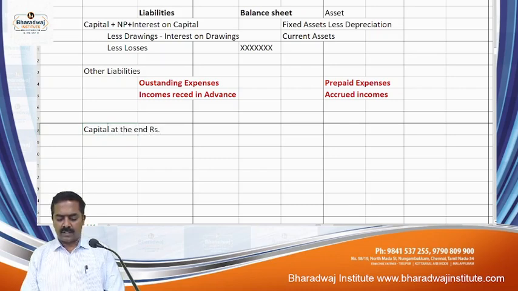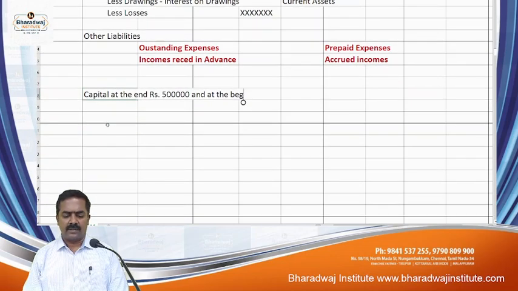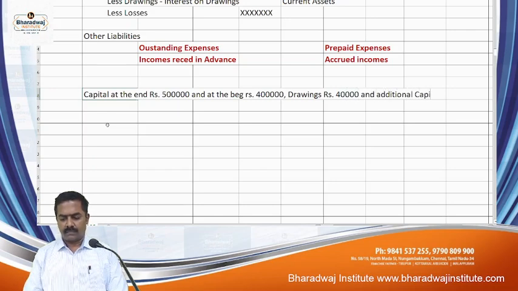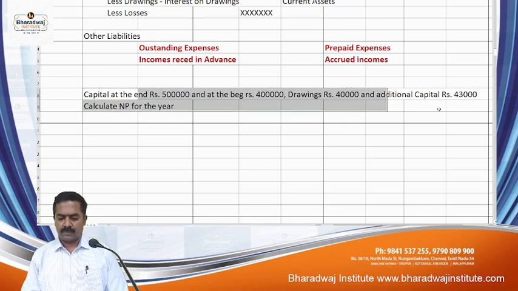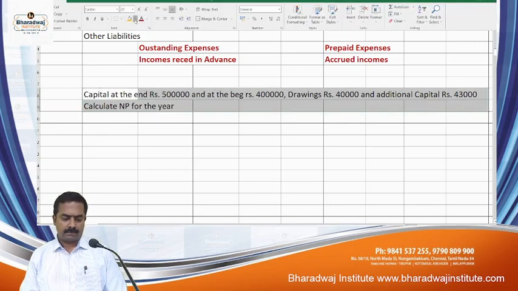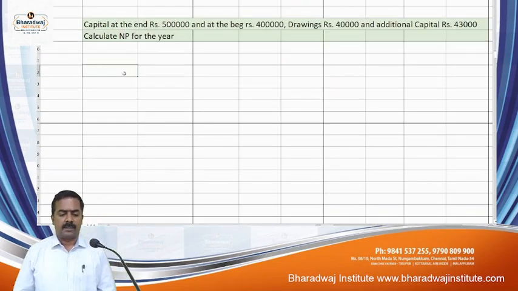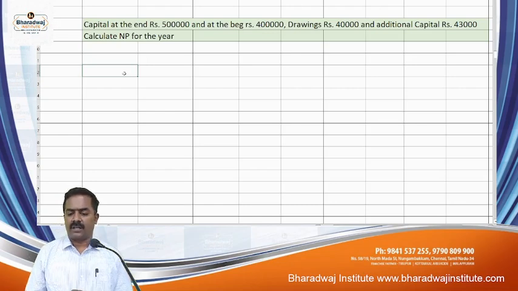Capital at the end is 5 lakhs and at the beginning of the year 4 lakhs. No need to take up the format which you noted already. This is a question.